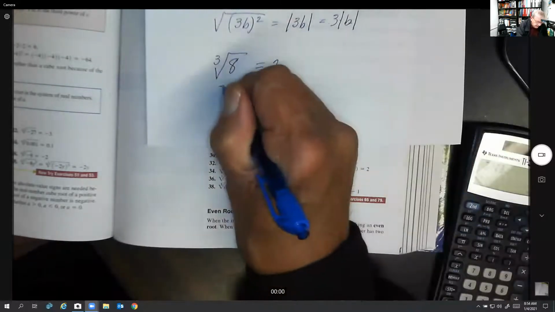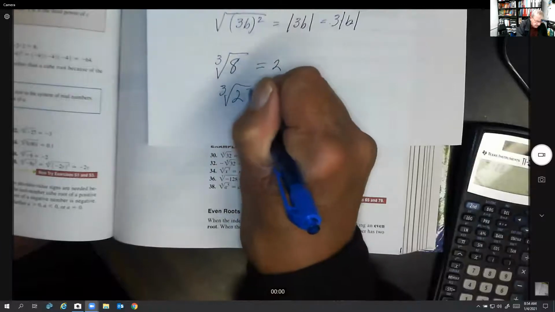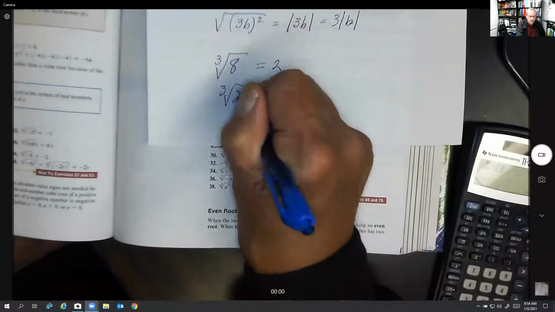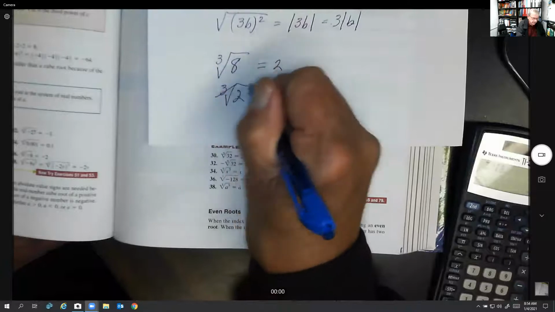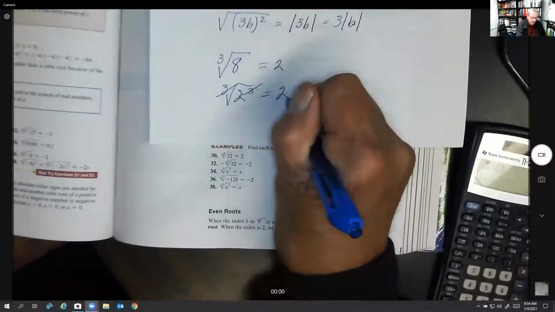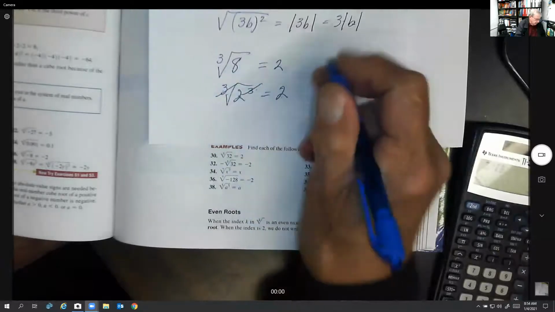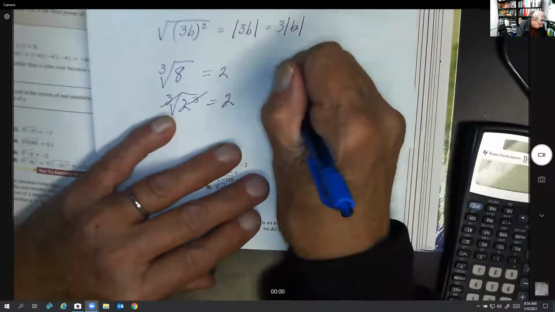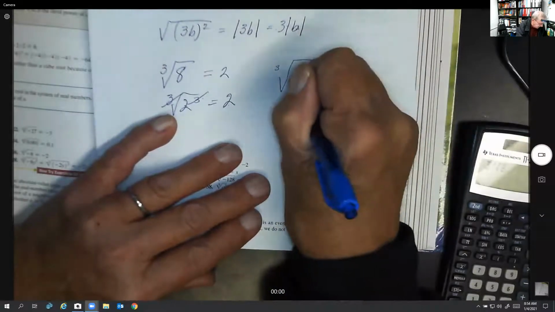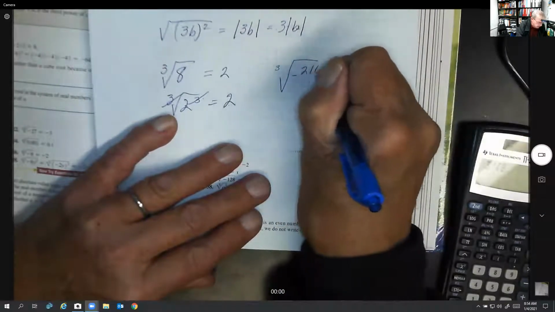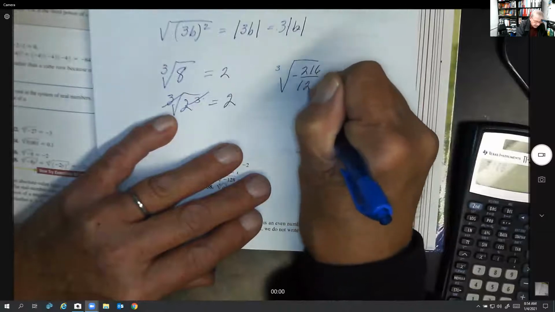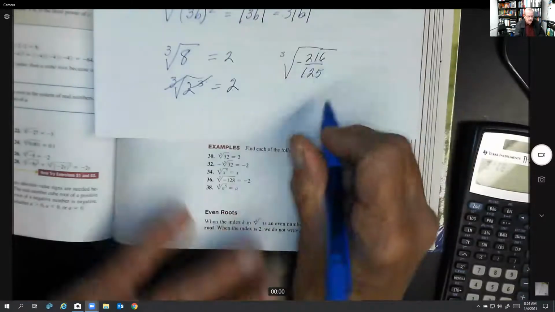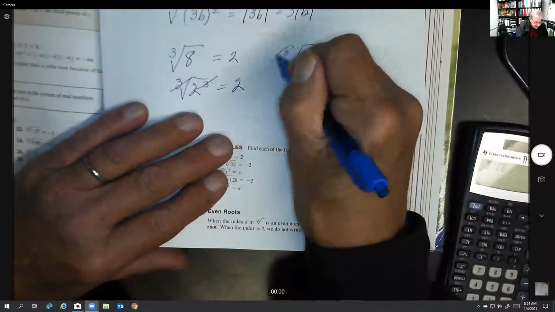And again, 8 is 2 times 2 times 2, 2 cubed, so the cube root is whole number 2. Whole number, not radical 2, but whole number 2. Okay, let's try a hard one here. Cube root of negative 216 over 125. Now, on cube roots, this is an odd index.